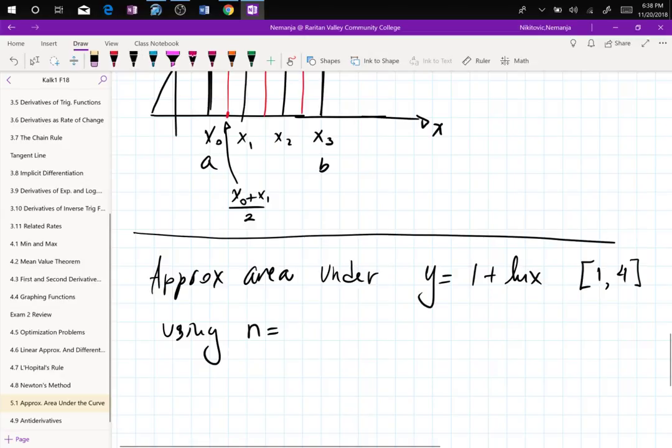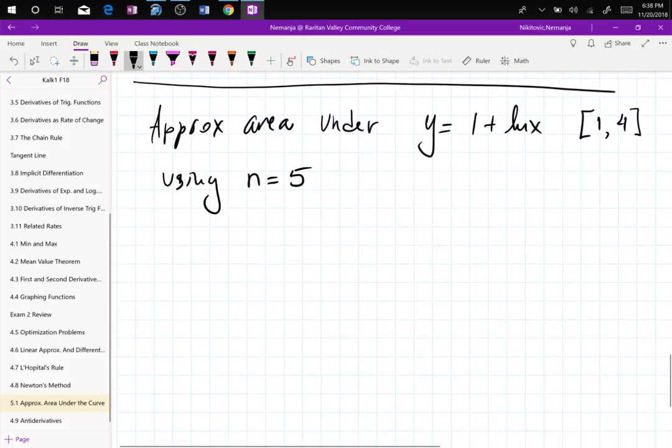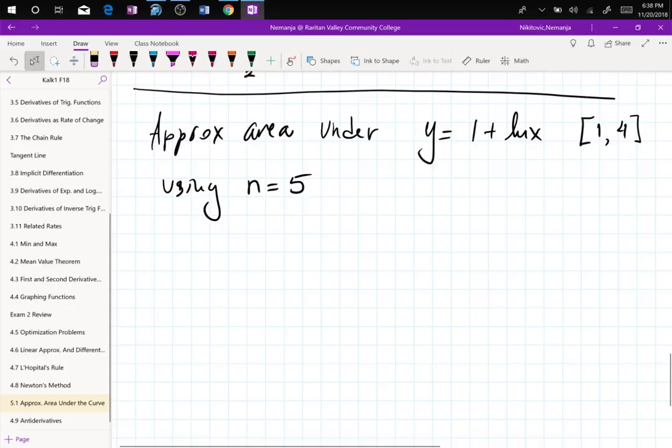You know what? I want to use 5 rectangles because it's bad. This is going to create terrible numbers, but we can deal with terrible numbers. This is a numeric section, so you are programming a computer to do this stuff for you, obviously. N equals 5. I picked the worst possible number. I mean, you can do worse. I have complete confidence.